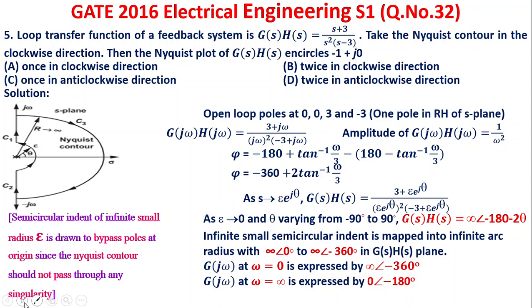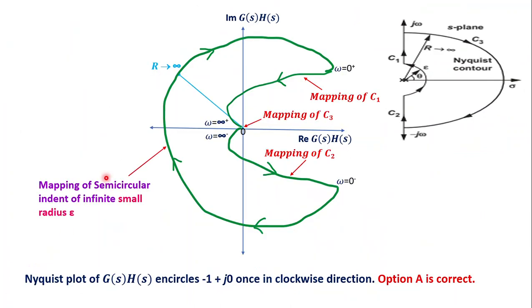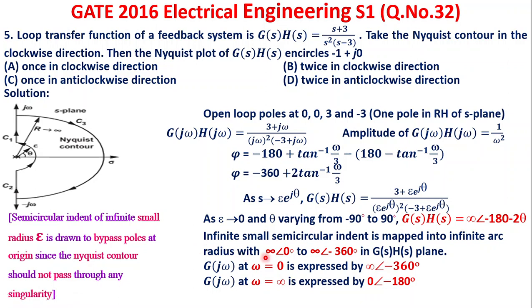Let us see how to draw this. So this is the Nyquist contour. The mapping of C1 is nothing but your normal polar plot. So the mapping of C1 polar plot means infinity angle minus 360 to 0 angle minus 180, because omega goes from 0 to infinity, of course with 0 indented, bypassed.